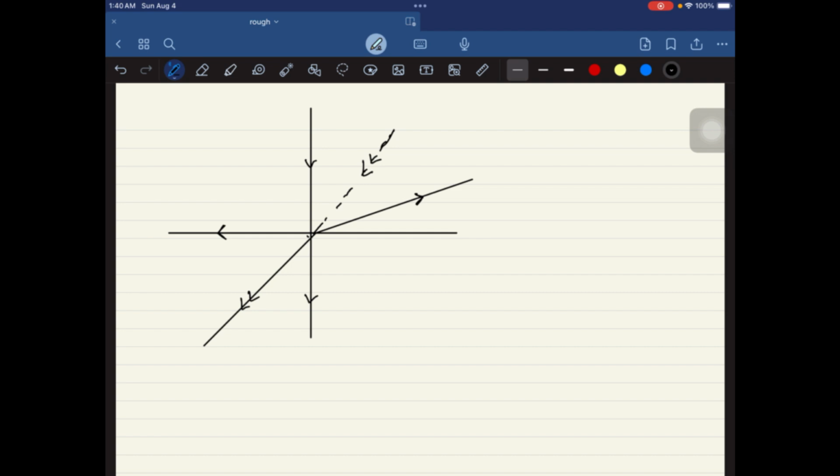If you have gone through the basic maths, you should know that with the man's velocity in this direction and the rain velocity in this direction, the resultant is always in between man and rain.